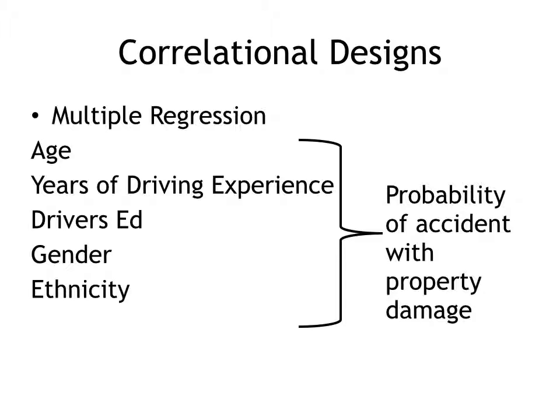Years of experience, 52%, driver's ed 3%, gender 4%, and ethnicity 1%. Then the insurance company can weight your bill based on your age, years of driver's experience, driver's ed, gender, and your ethnicity. And most of your bill in that case is going to come from your years of driving experience.